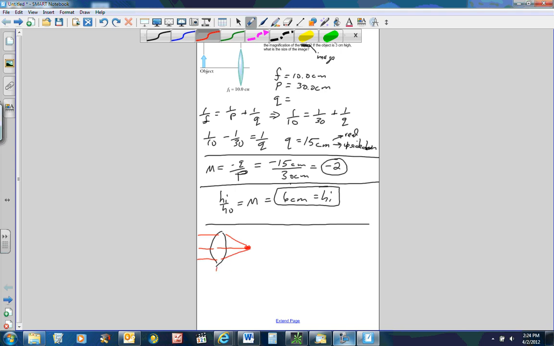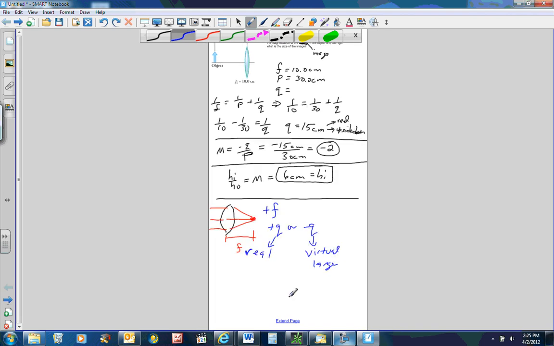And that focal point has a focal length that is from the center of the lens out to the focal point. Call that F. So this will always have a positive focal length. It can have a positive Q or a negative Q. It can have both. A positive Q is a real image, negative Q is a virtual image. The virtual image is always larger. Virtual, it's a magnifying glass. Virtual, larger. And then these are real images, which can be all sizes depending on how far away you are from the screen and object.